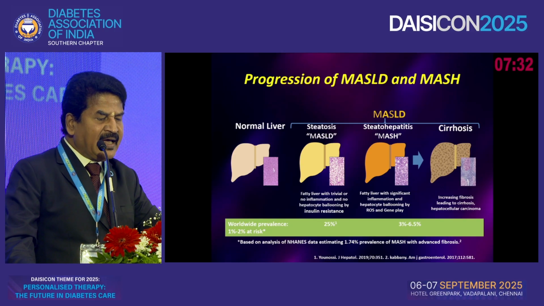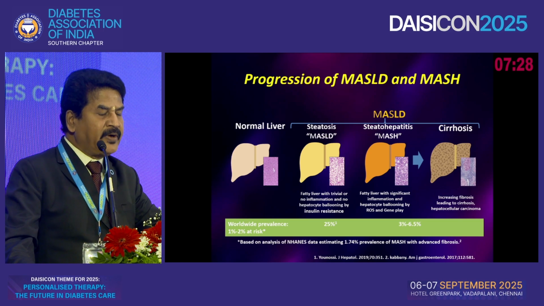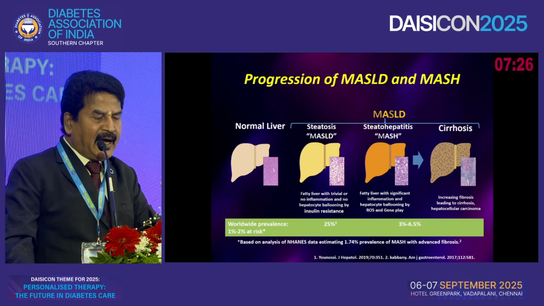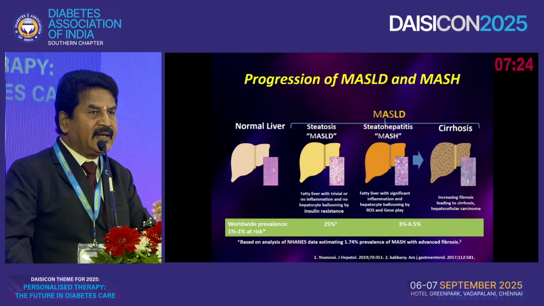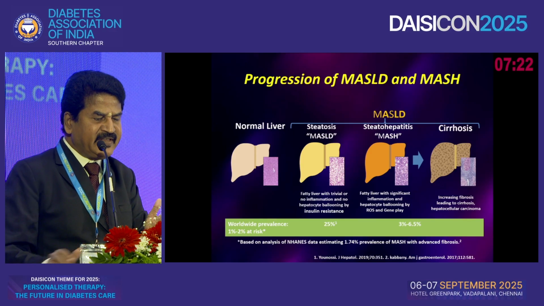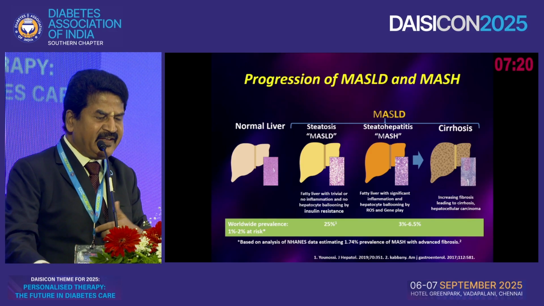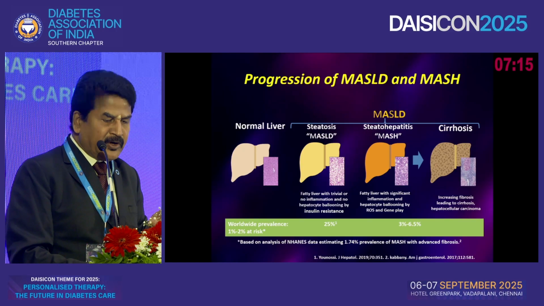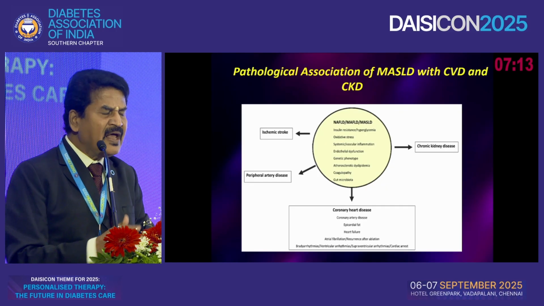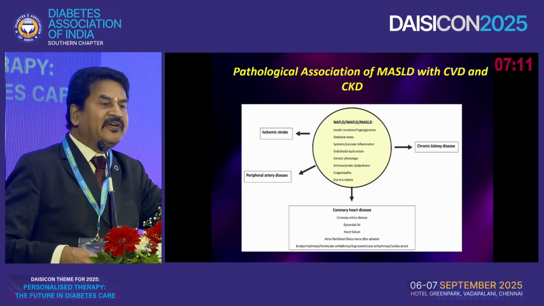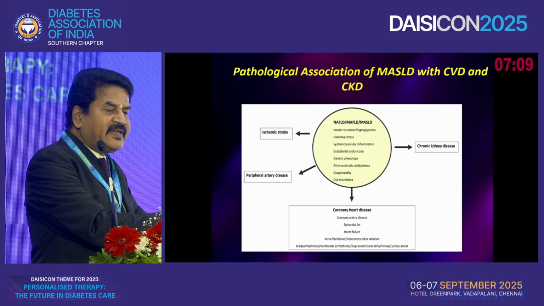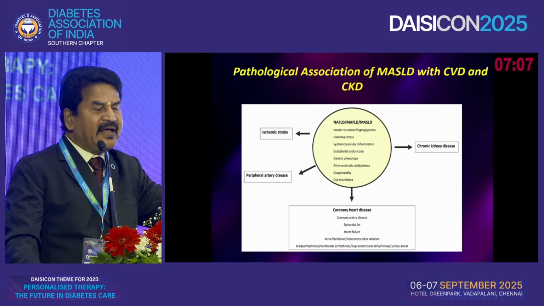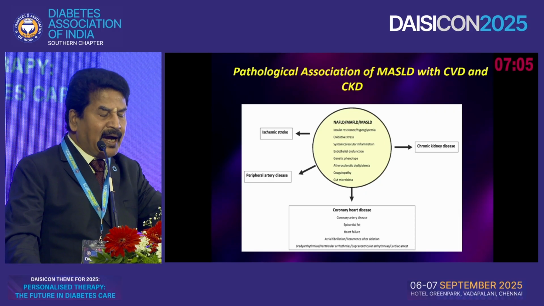Fatty liver with significant inflammation and hepatocyte ballooning by ROS. And around 1 to 2% progress to cirrhosis, that is increasing fibrosis leading to cirrhosis, and in turn, at the end, hepatocellular carcinoma. So there is a strong pathological association of MASLD with CVD, CAD, CKD and heart failure, etc.